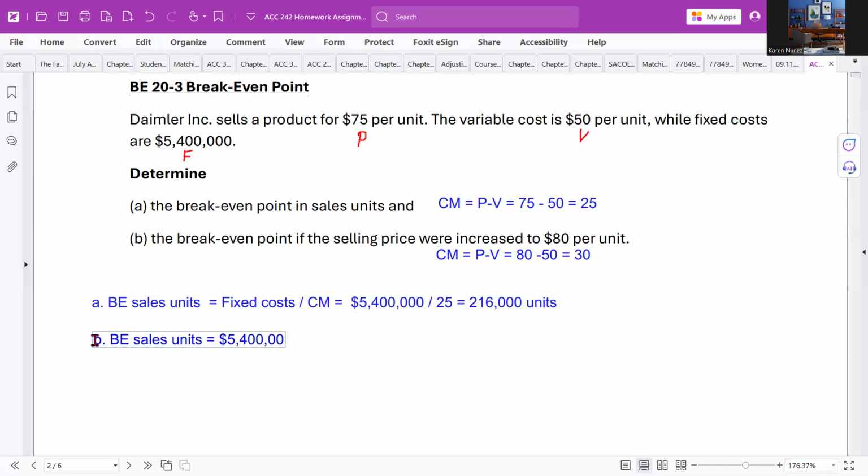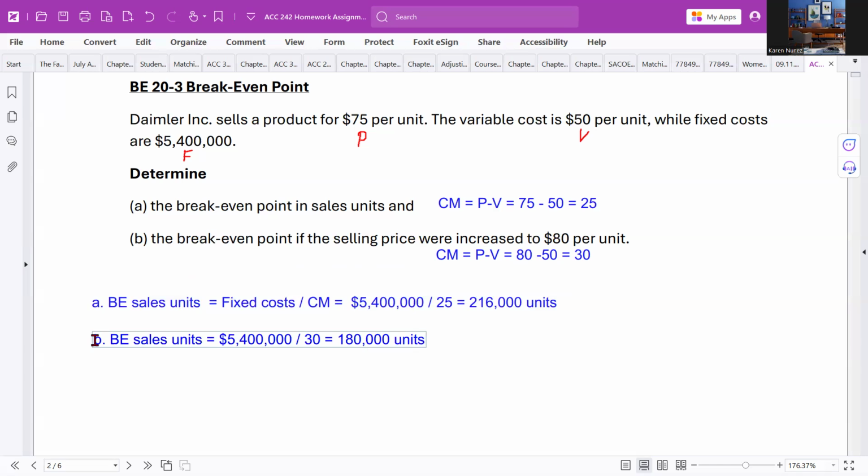Now, instead of dividing by 25, we want to divide by 30. So we have that new contribution margin, and we're going to have a new break-even point. That new break-even point is 180,000 units of product. So when our contribution margin goes up, we don't have to sell quite as many units. We can sell fewer units to break even because we have more contribution margin per unit of product.